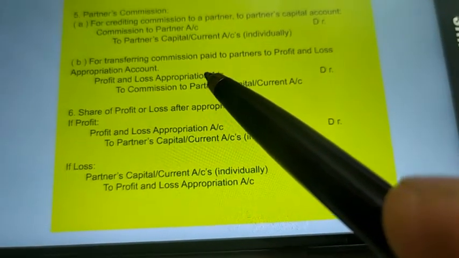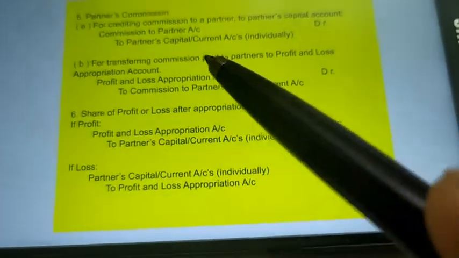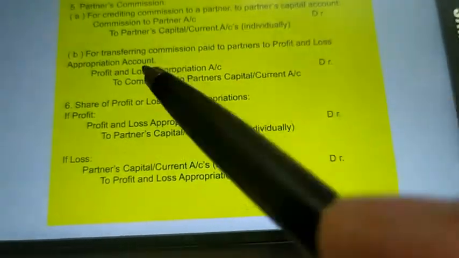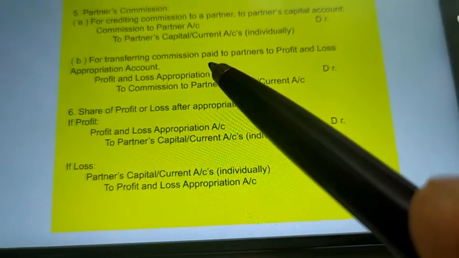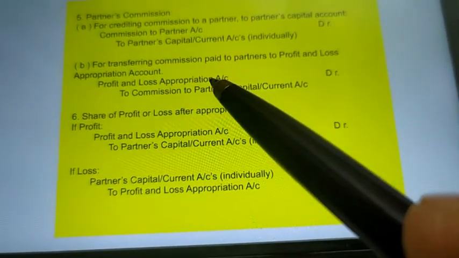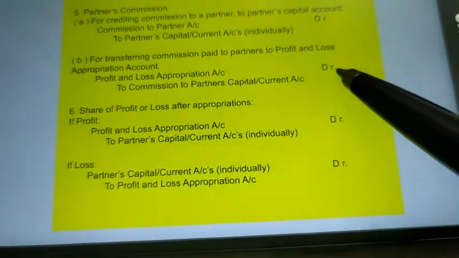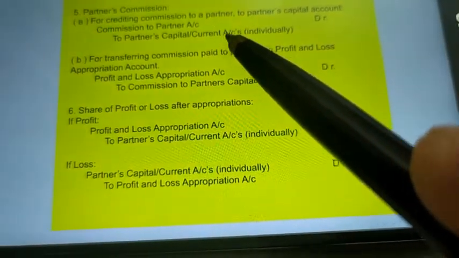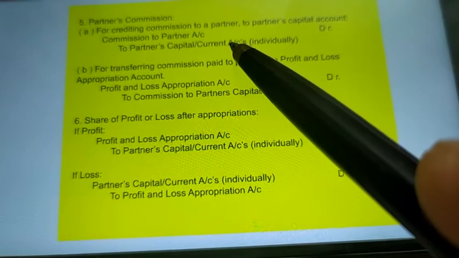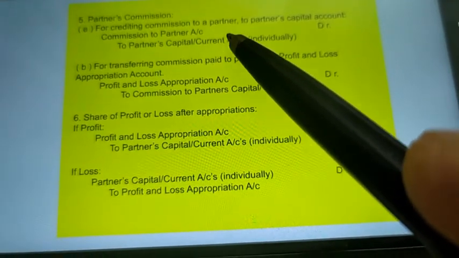So the appropriation account shows the appropriation of profit to the various partners. When it is paid by the firm to the partners, the appropriation account is debited, whereas if the partners receive something from the firm, their capital account is credited.